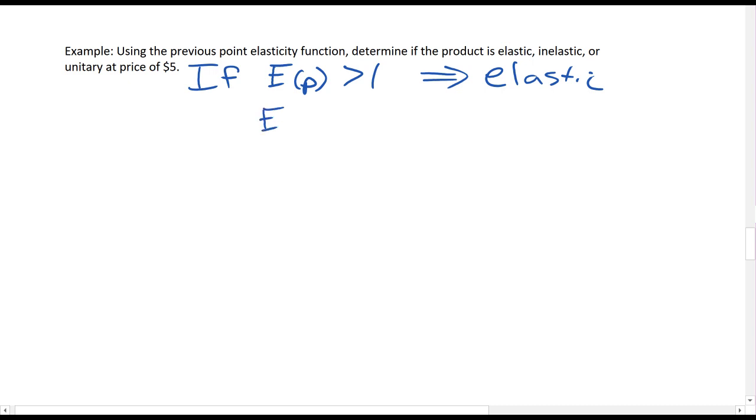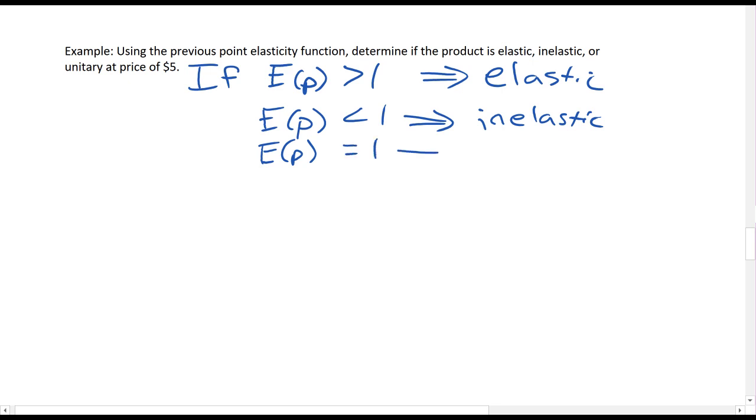If your point elasticity, once you plug in your price, is less than 1, we say that the product is going to be inelastic. And lastly, if the point elasticity equals 1, then we say that the product is unitary.